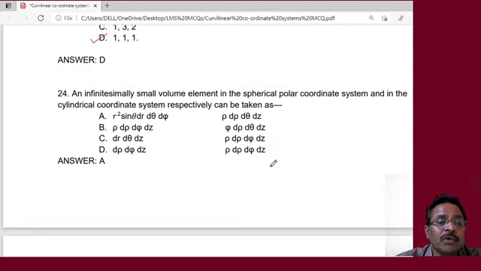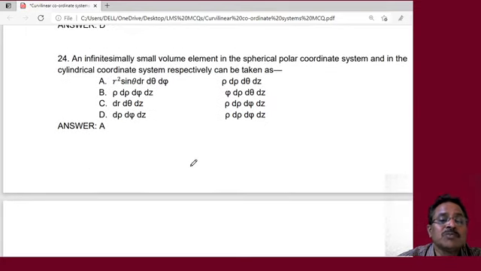Now question number 24: an infinitesimally small volume element in the spherical polar coordinate system and in the cylindrical coordinate system, respectively, can be taken as... This is again a memory question. dV for any curvilinear coordinate system is given by h1, h2, h3 into du1, du2 and du3.